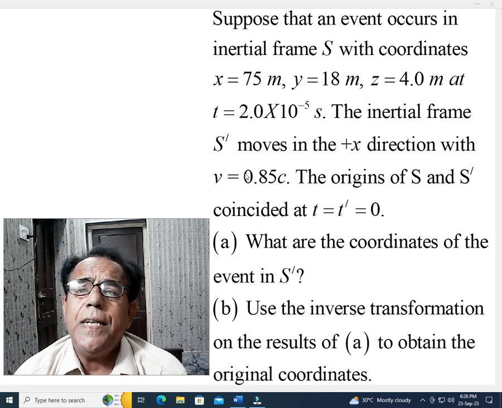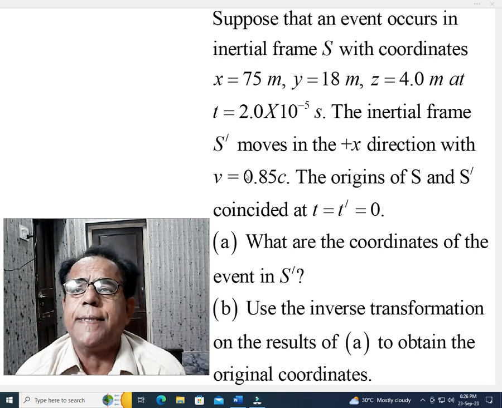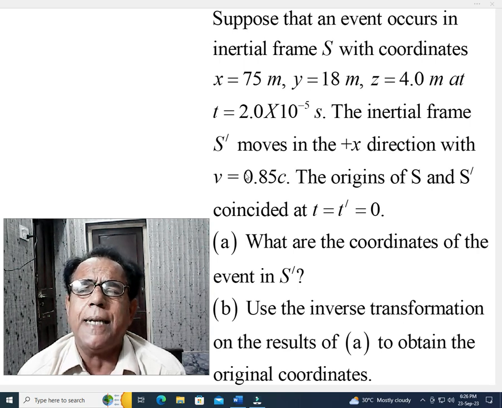The inertial frame S dash moves in the positive x direction with v equal to 0.85 c, where c is the speed of light, that is 2.998 into 10 to power 8 meter per second.